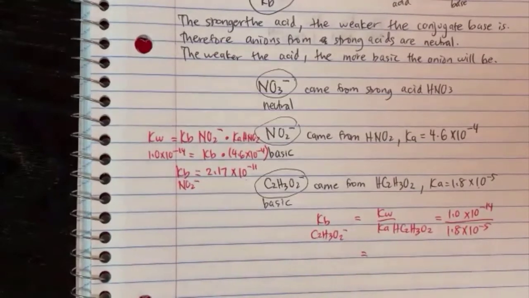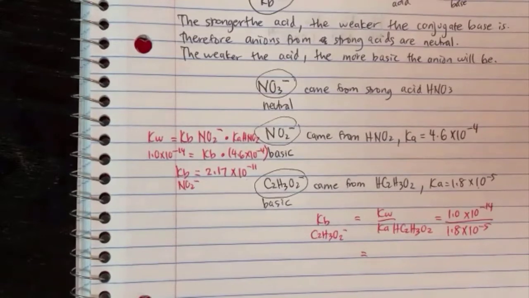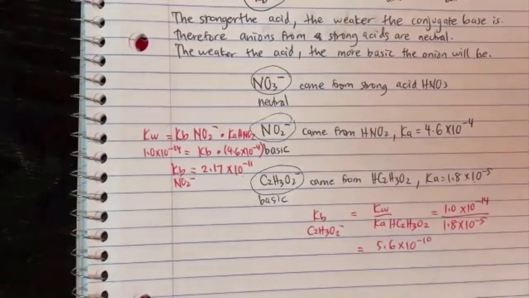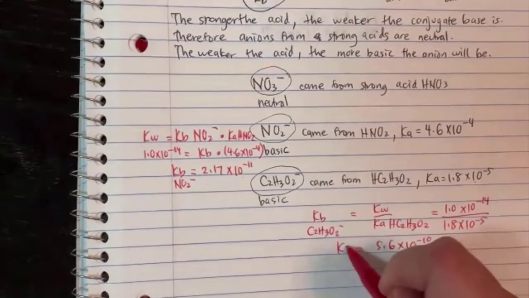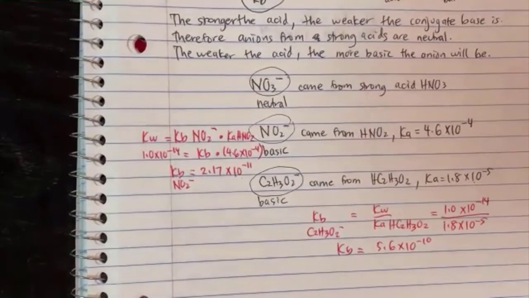Okay? So it's like 5.6 times 10 to the minus 10. That's the Kb of that ion. Okay, so it's kind of cool, they're related.